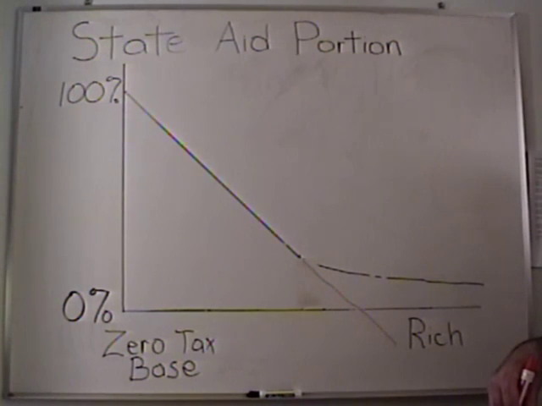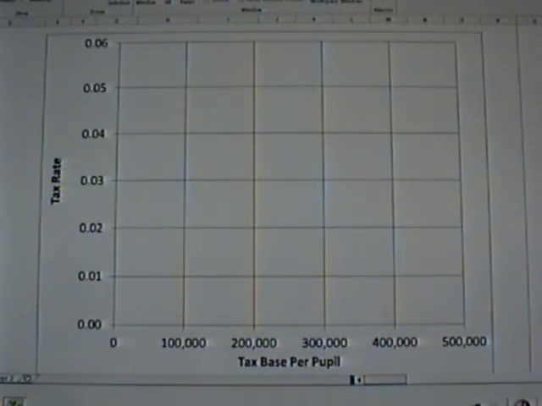Now let's shift to another graph that shows the implication of this system for property taxes. In Illinois, basic revenue per student is $6,119. This graph shows the relationship between property wealth and the local property tax rate that's needed to generate this $6,119.